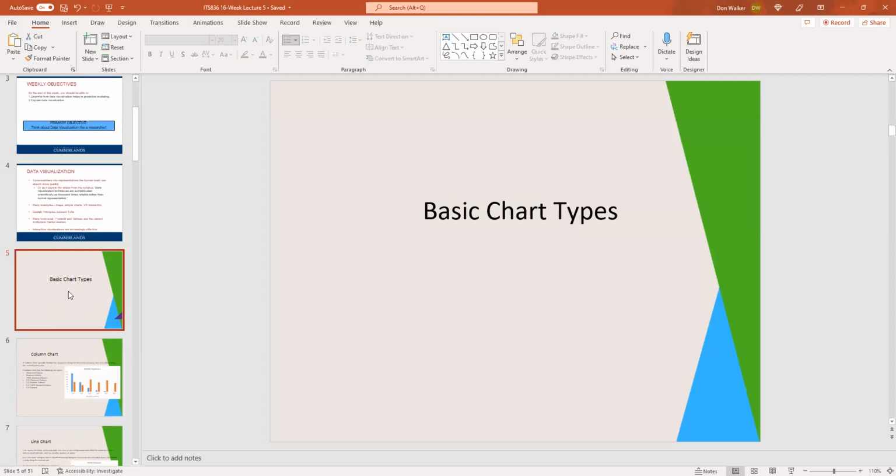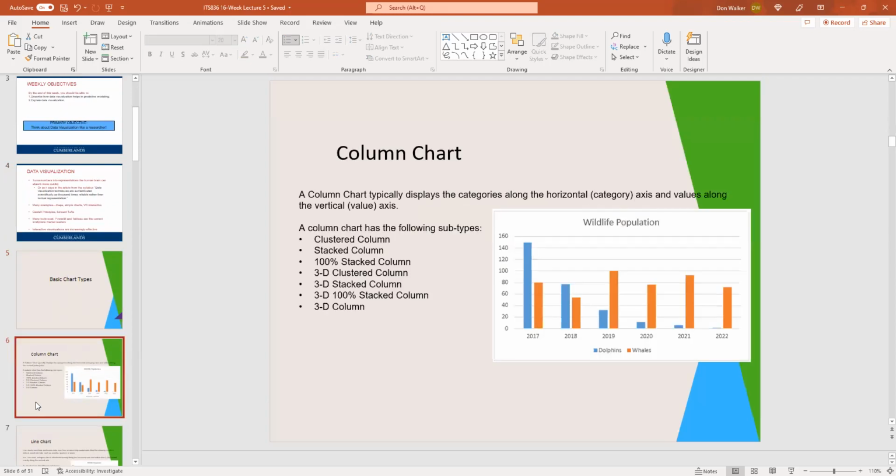Now, basic chart types. You've got a column chart, can be a single data series or 2 data series. Here, we have annual population data, and it shows in blue dolphins versus whales.